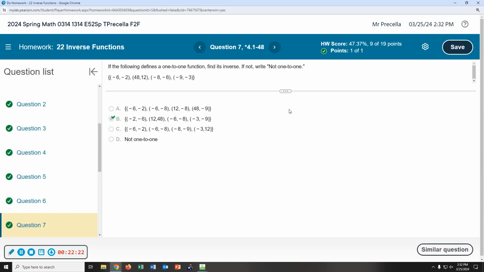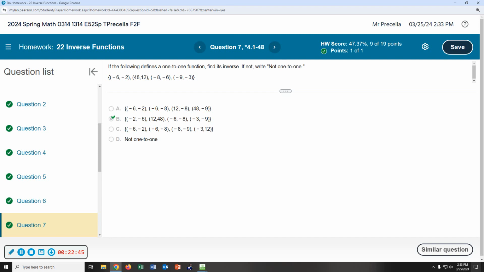Any questions up to this point? Okay. Remember that the domain of a function is the set of all numbers that are used for x values. And what do we call the set of all y values? The range. I'm going to name this function f. I need a name for it.